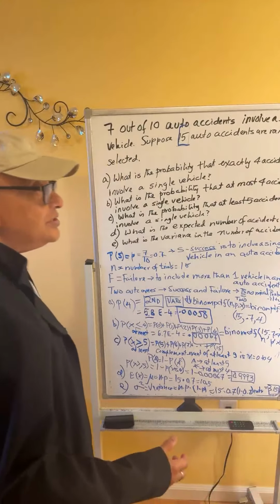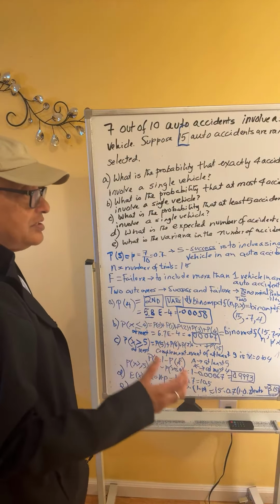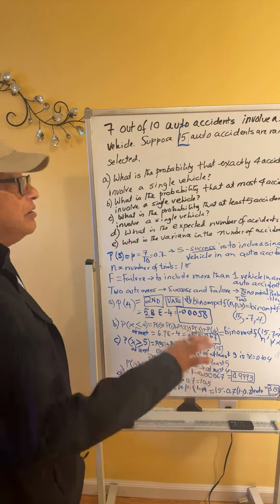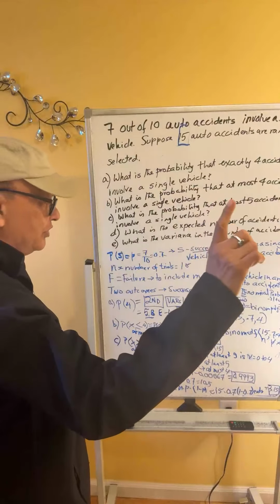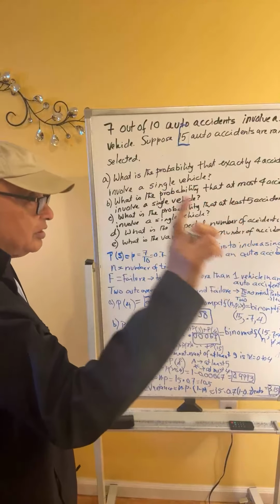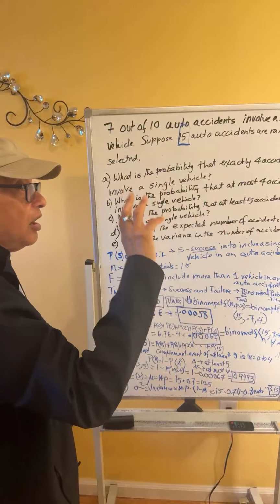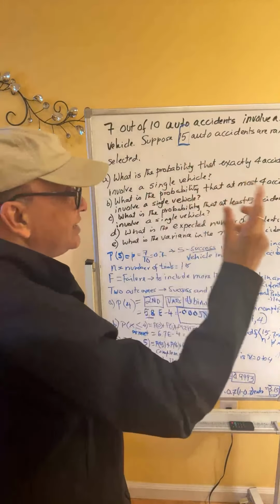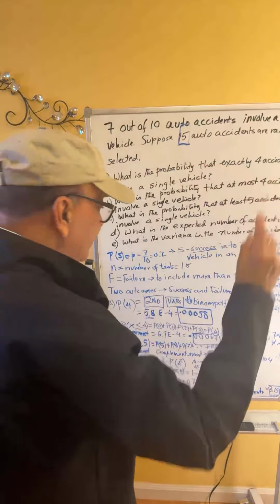High probability that at least 5 accidents we will pick up, which will involve one automobile. Because it's close to 1, we will pick up out of 15 at least 5 accidents that involve one vehicle.